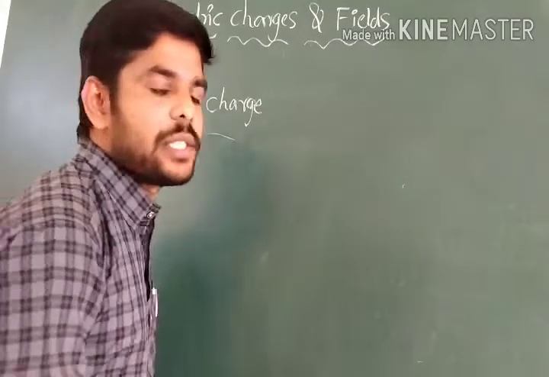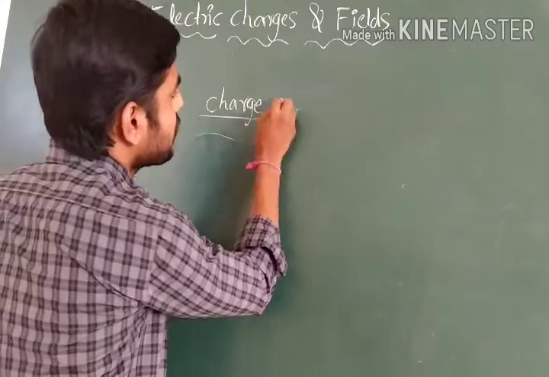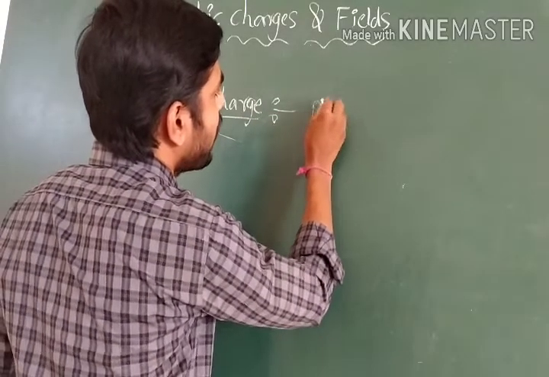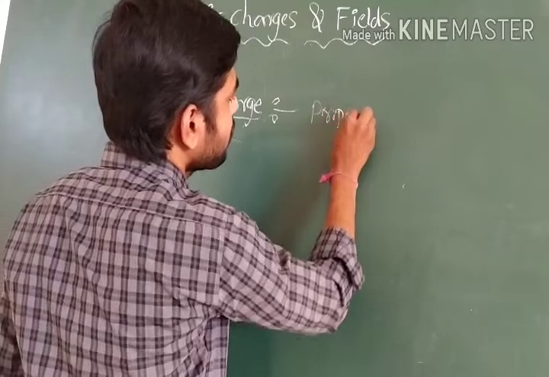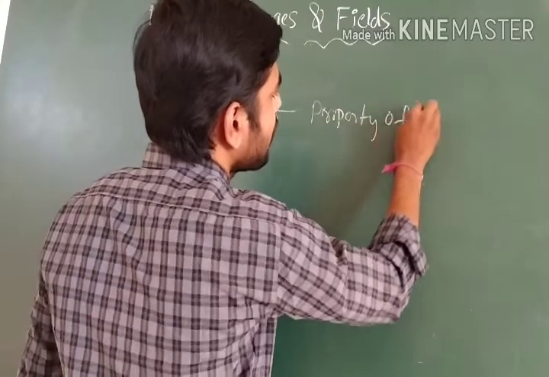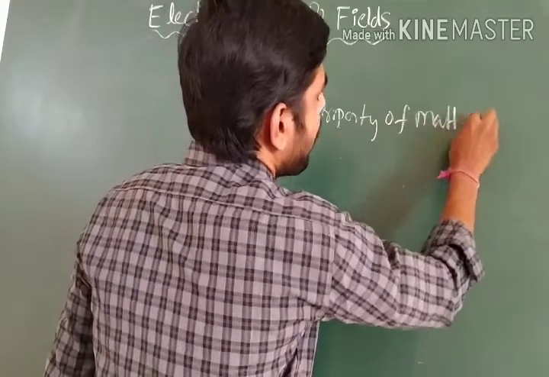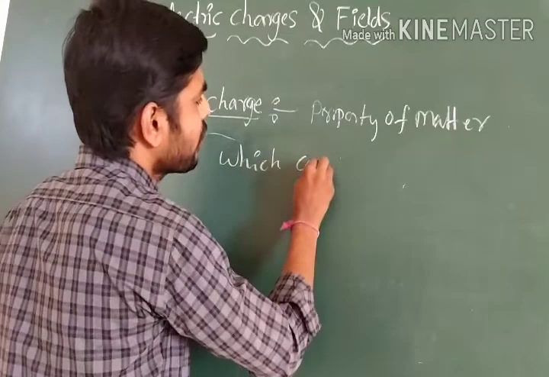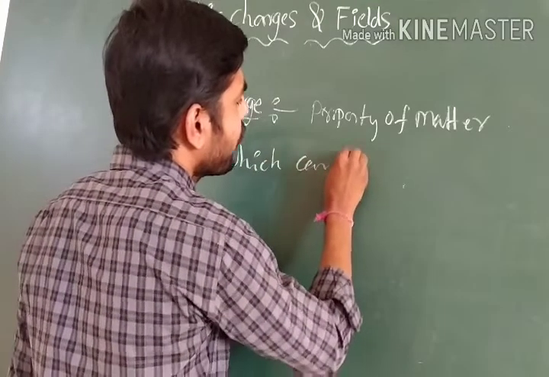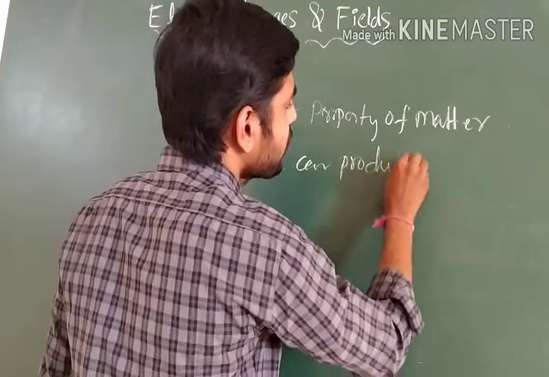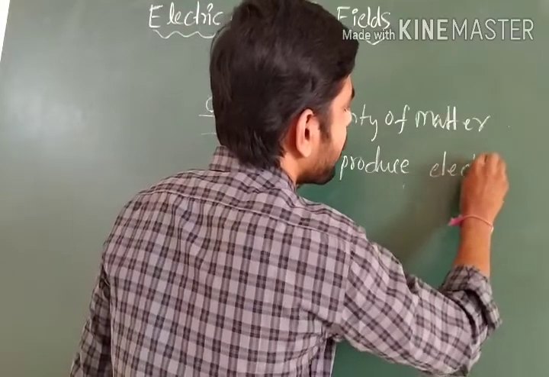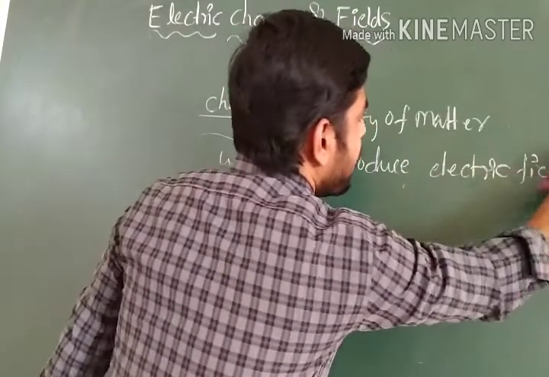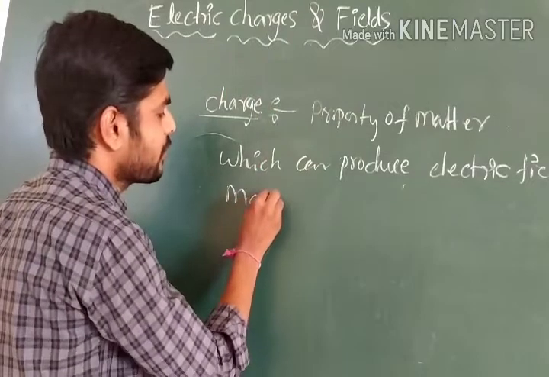Okay, charge means it is a property of matter which can produce electric field and magnetic field.